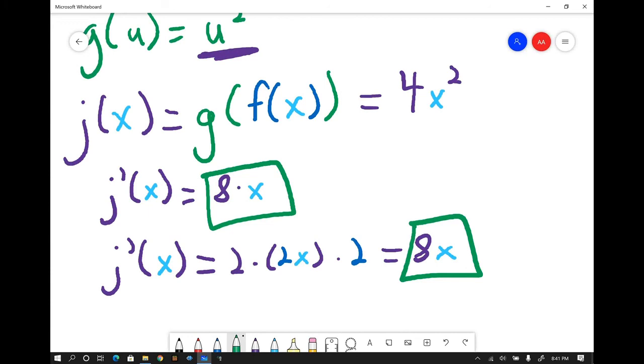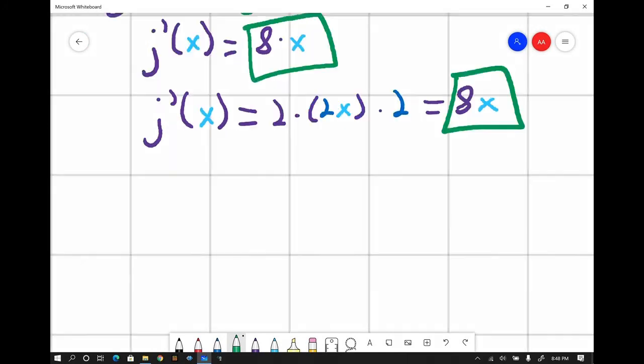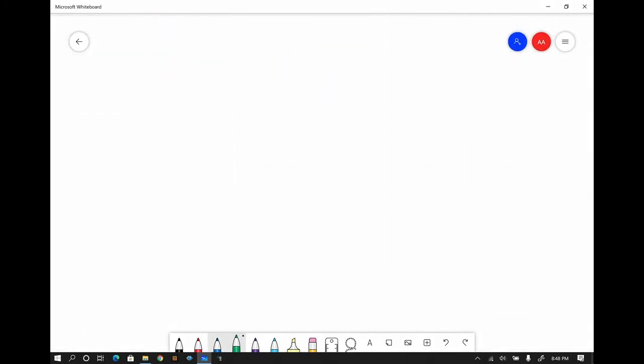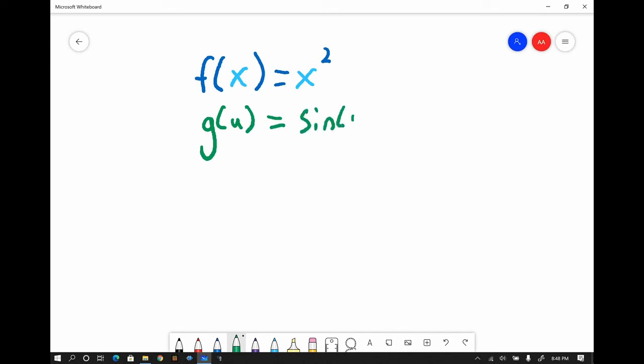So let's try this with a more complicated example. Let's say we have a function f of x is equal to x squared, and another function g of u is equal to the sine of u.